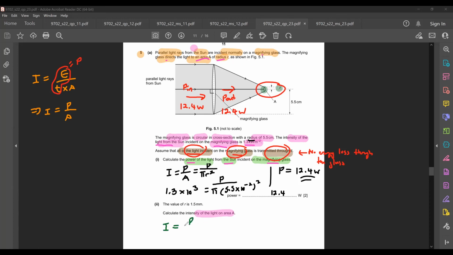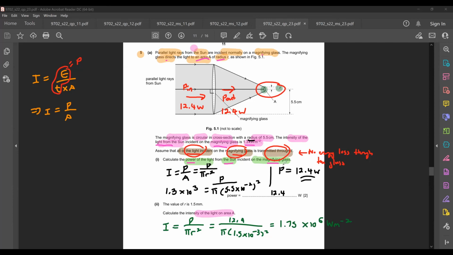Intensity is again P over pi R square. Your power is 12.4 divided by pi times the smaller radius, 1.5 times 10 power minus 3, squared. 12.4 divided by the answer, you're going to get 1.75 times 10 power 6 watts per meter square.